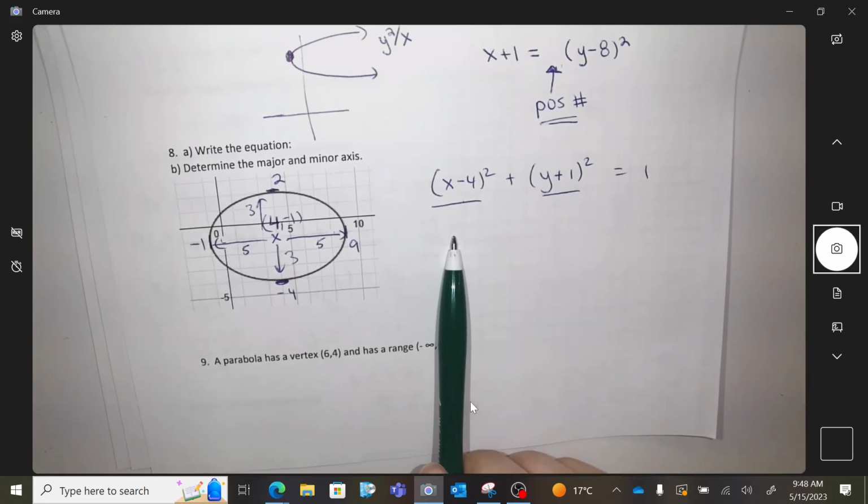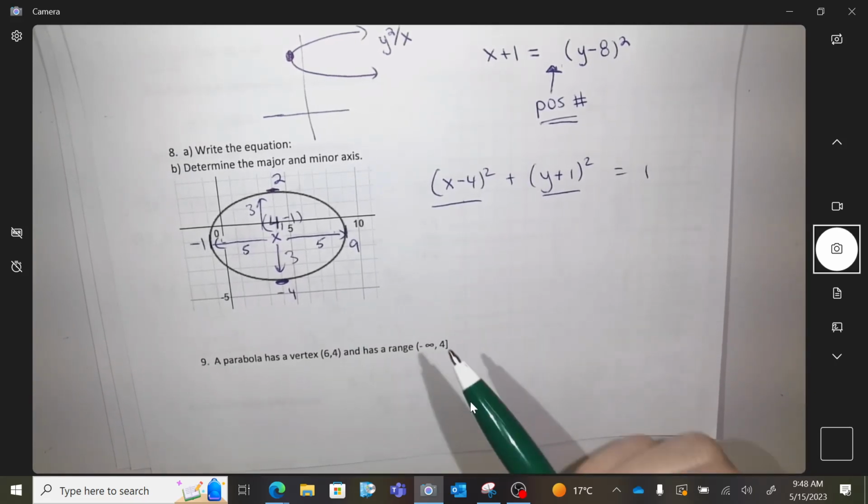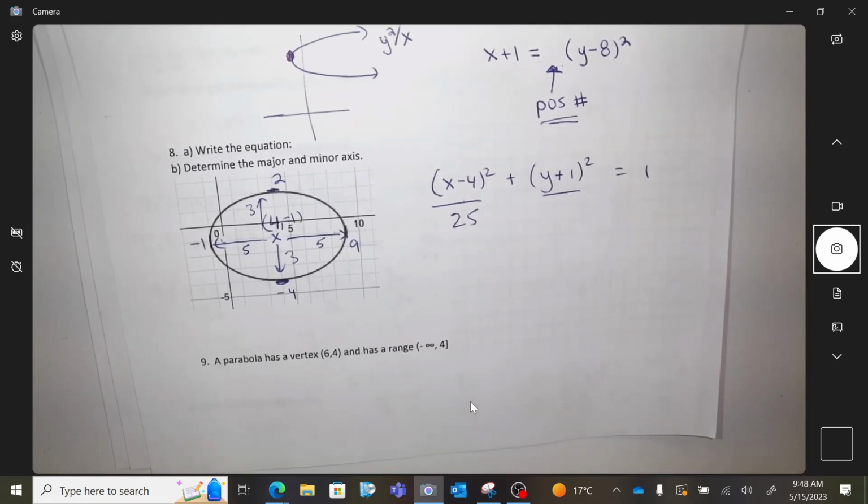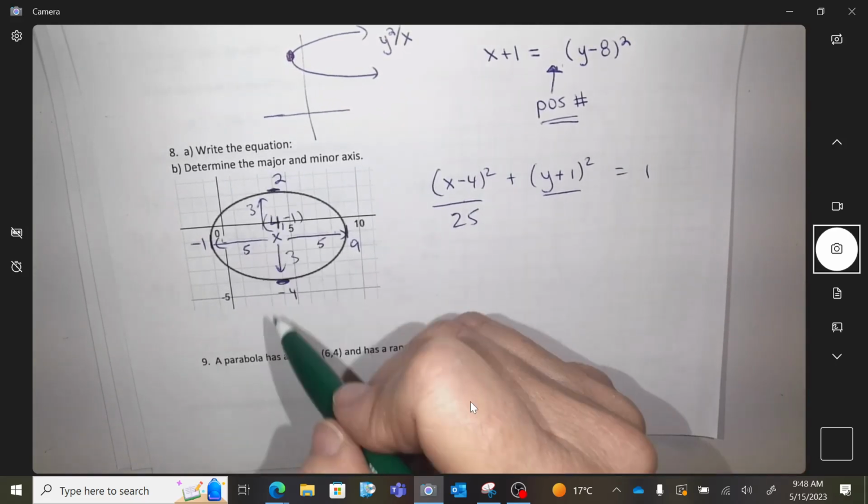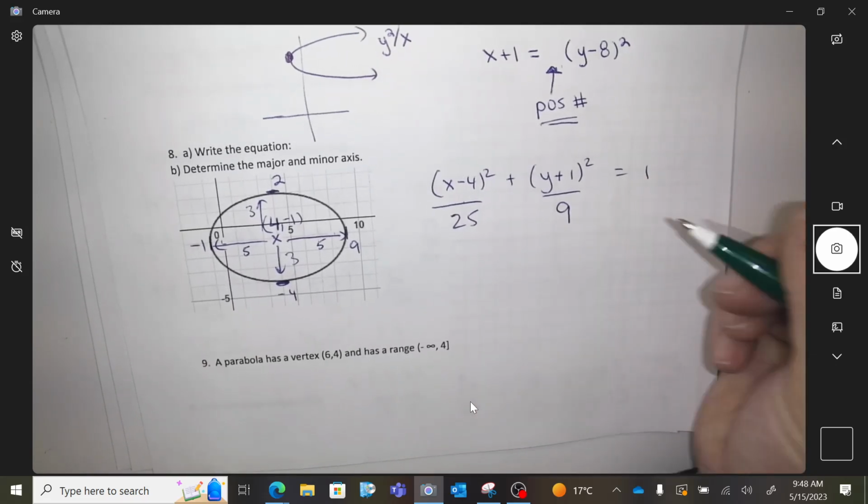Okay, so under the x, it looks like we went horizontally 5, so I need a 25 under that. And then I had a 3, so 9 is under that.